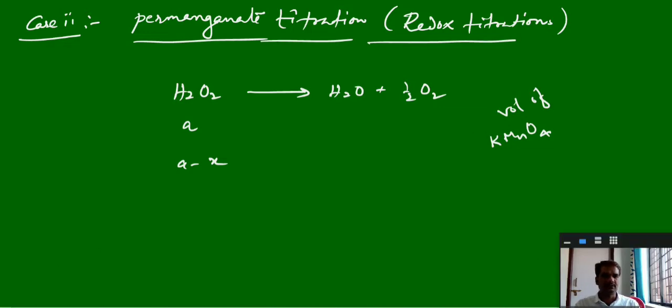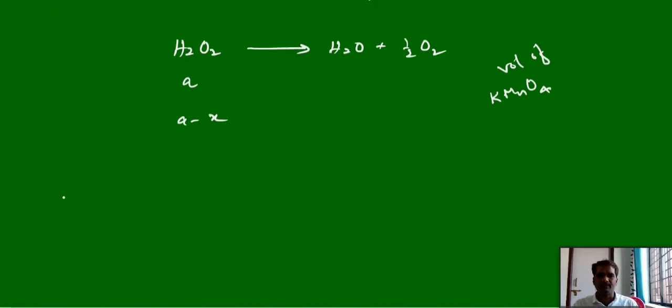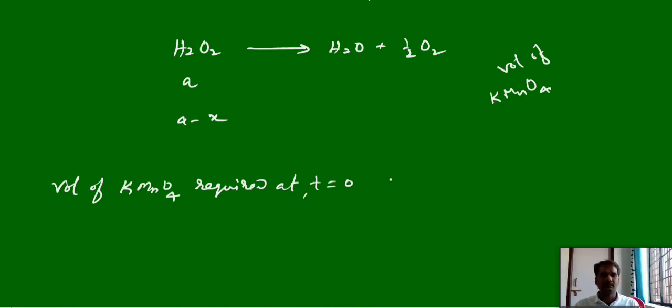Now at initial time, the volume of KMnO4 required at time t equal to 0, that we assume V0, is directly proportional to what? The volume of KMnO4 required at initial time is directly proportional to the concentration of H2O2 only.